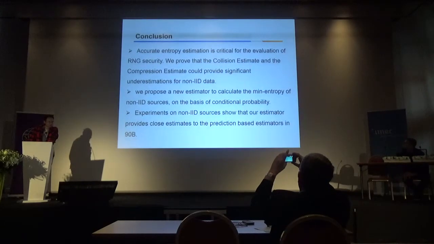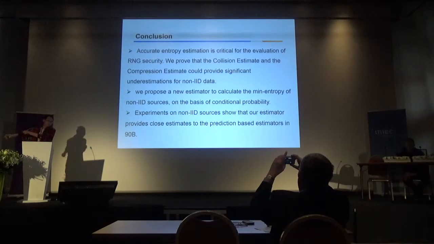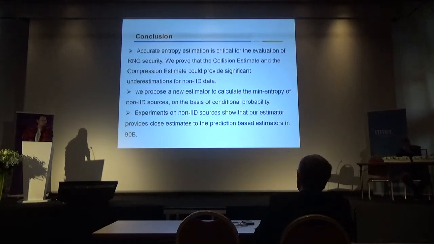So here is a short conclusion. Accurate entropy estimation is critical for evaluation of RNG security. We prove that the collision estimate and compression estimate could provide significant underestimations for non-IID data.